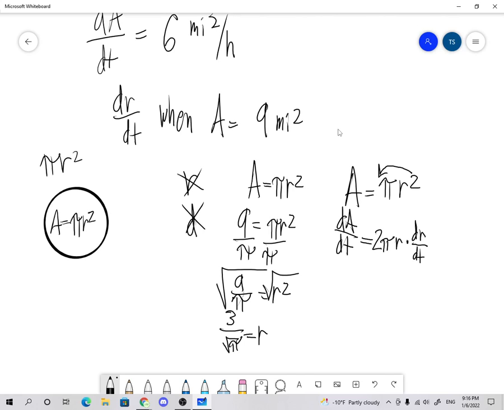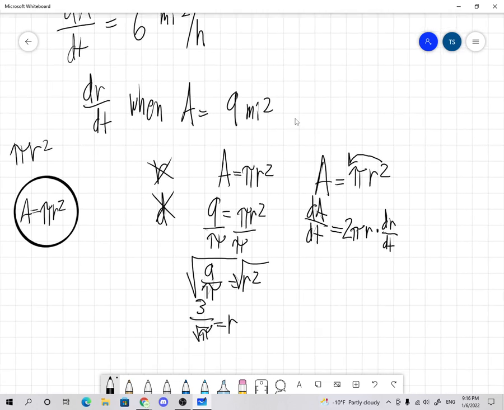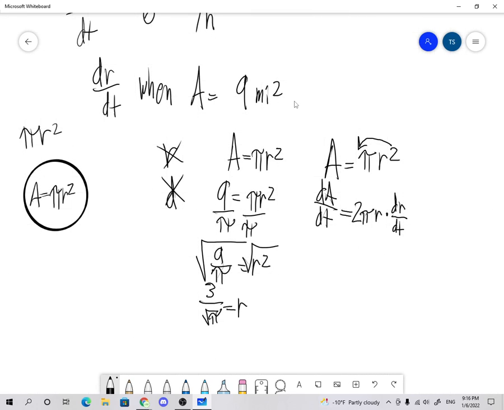Now we're solving for dr dt. So now I need to substitute in what I know. As we learned from the above part of the problem, the rate of change of the area is 6. So I'm going to plug 6 in here.